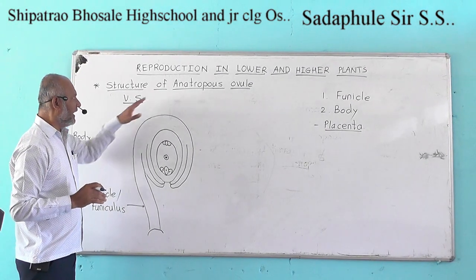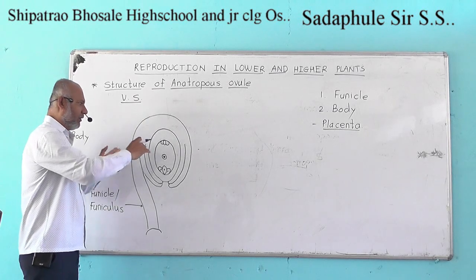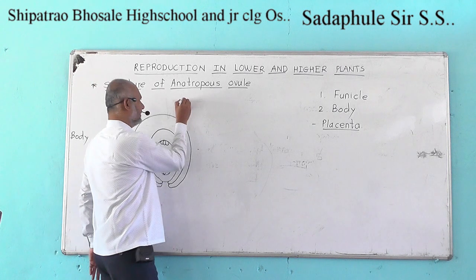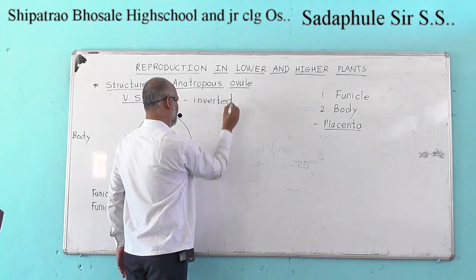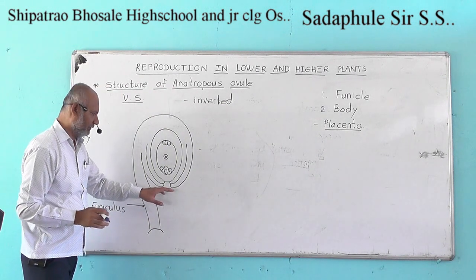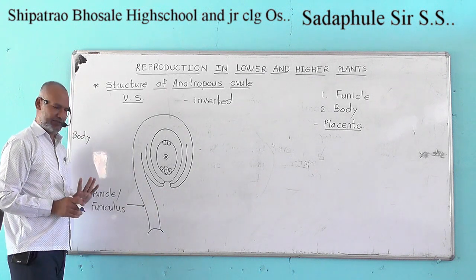In anatropous ovule, the body of an ovule is inverted, and the micropyle of the ovule lies adjacent to the funicle.